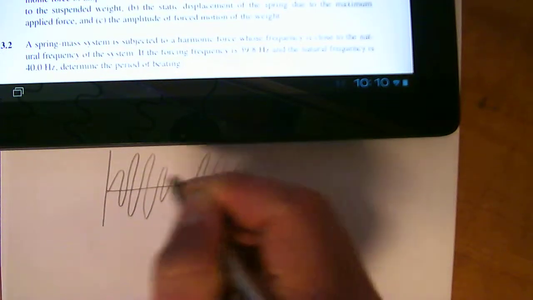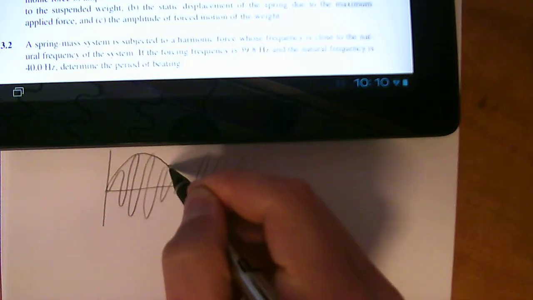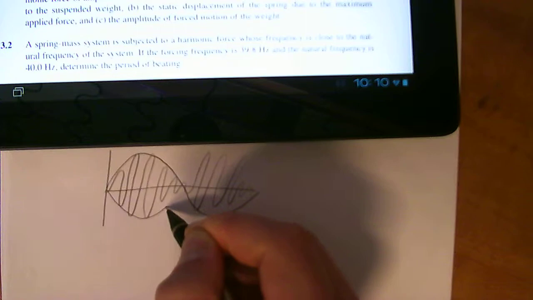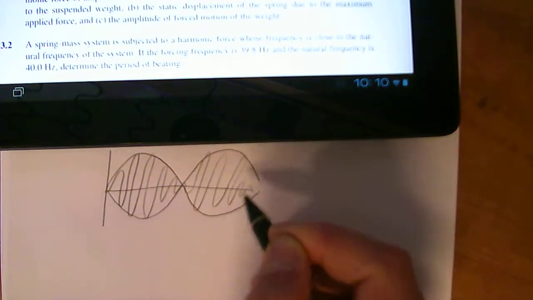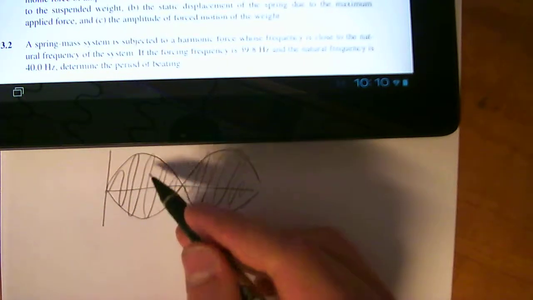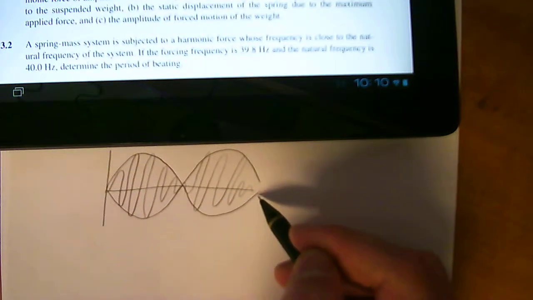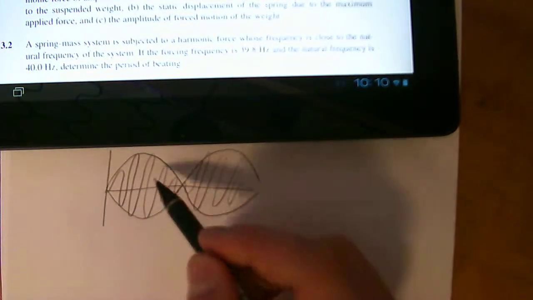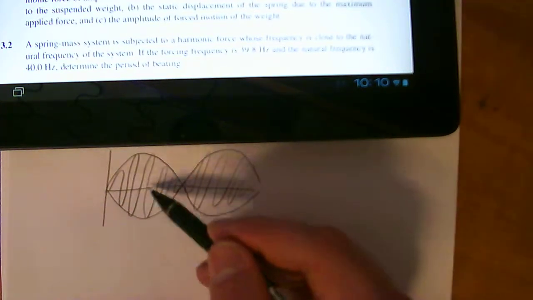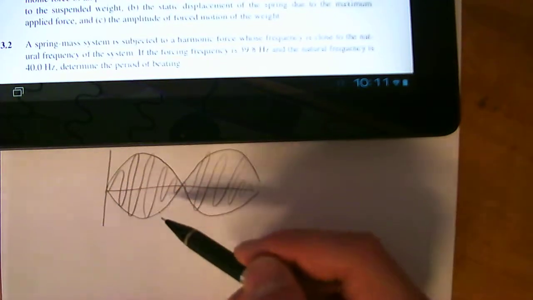Now I didn't draw that very well, but the beating is the wave pattern created by the frequency itself changing between the forcing function and the natural frequency, creating a pattern much like the one on the interior, which creates an overall beating pattern that lines up with the outside of the waves like this. So we're trying to find the frequency of these beats based off the frequency of the two functions that are making up this function right here, the interior line.